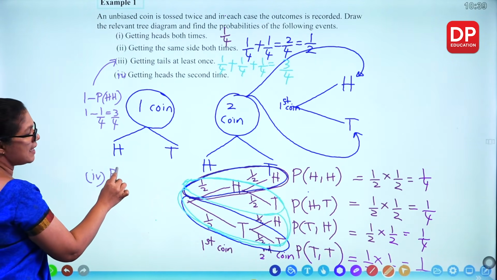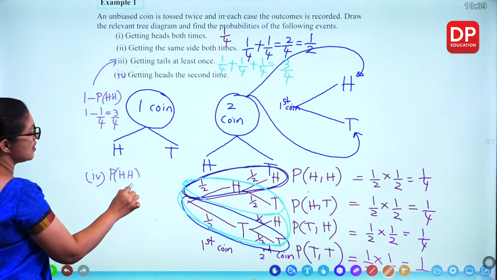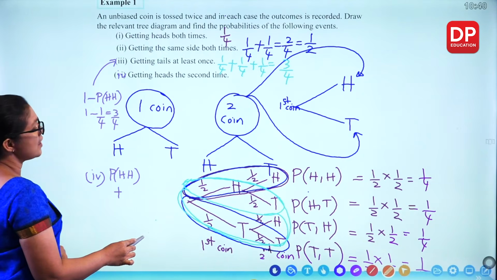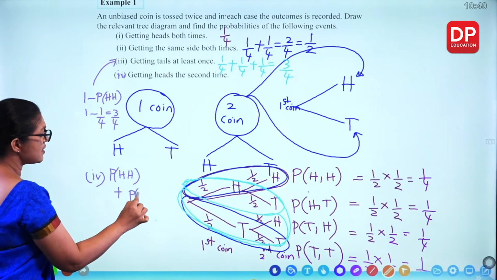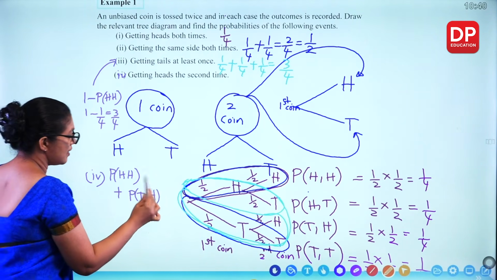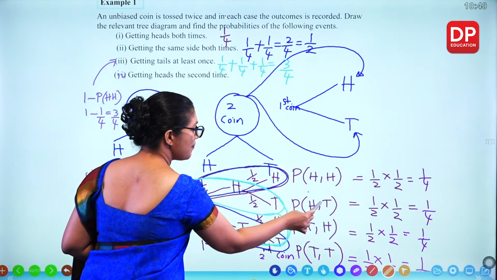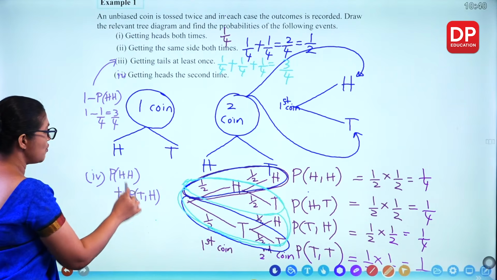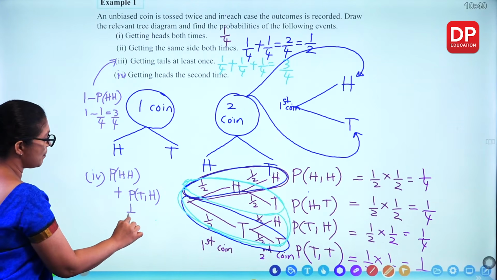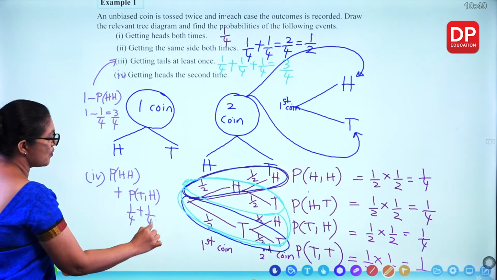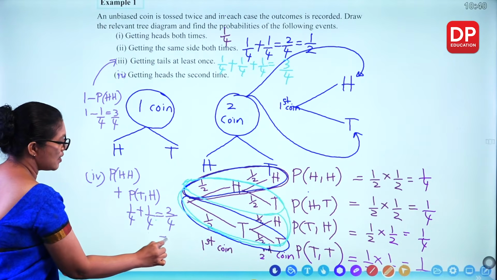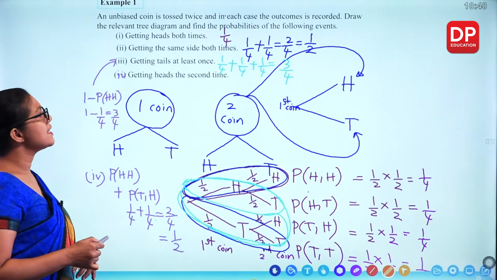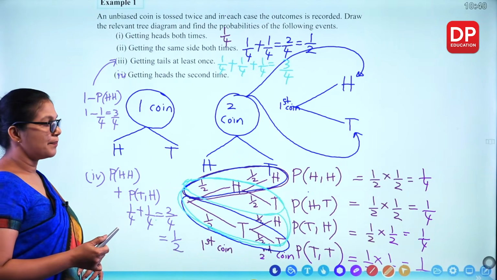Getting head means HH or TH. You can't take the other one, HT. HT means second time tail, first time head. So when you add these two, 1/4 plus 1/4, you get 2/4 or half. So that's the probability of getting heads the second time.